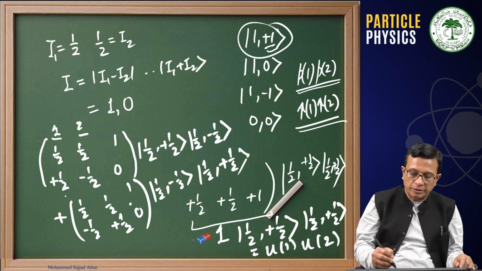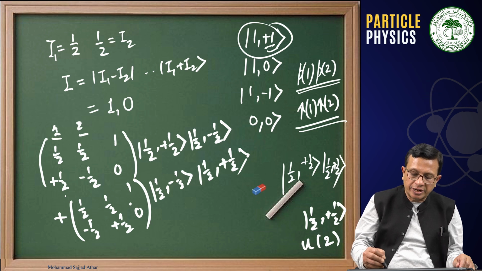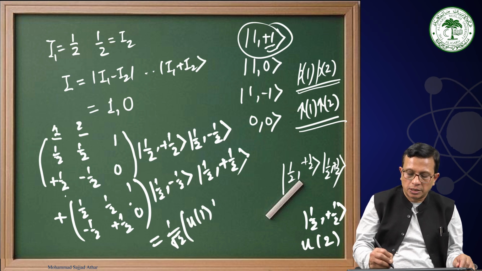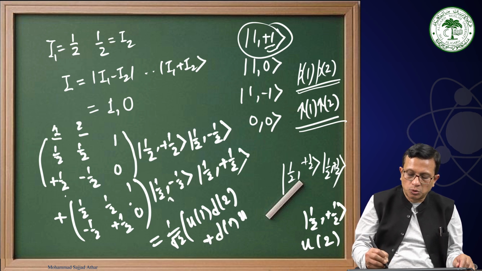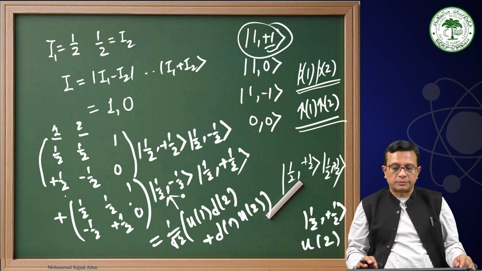Then if we have plus 1 by root 2 in both the cases, we can take 1 by root 2 common, and we may write it as U quark in state 1, D quark in state 2 plus D quark in state 1 and U quark in state 2. See here, this is half minus half.